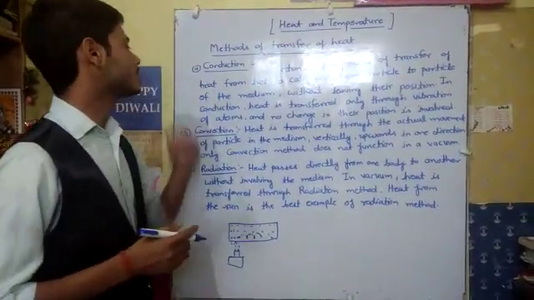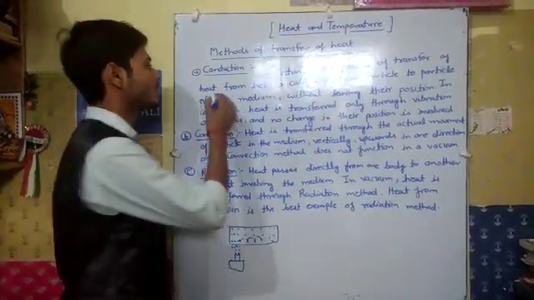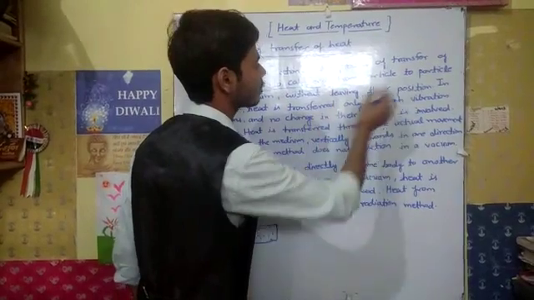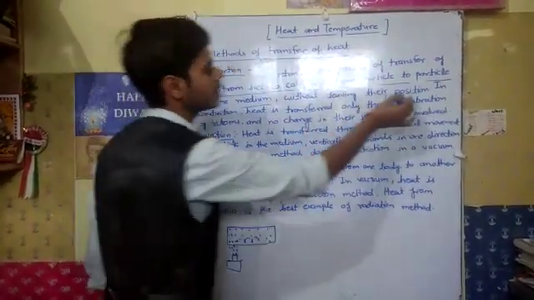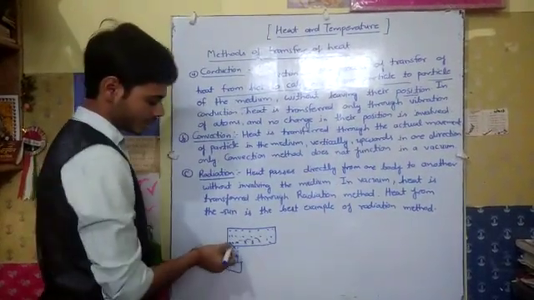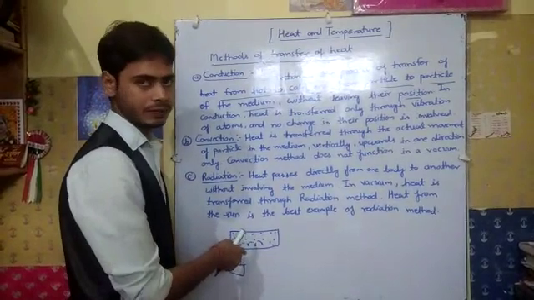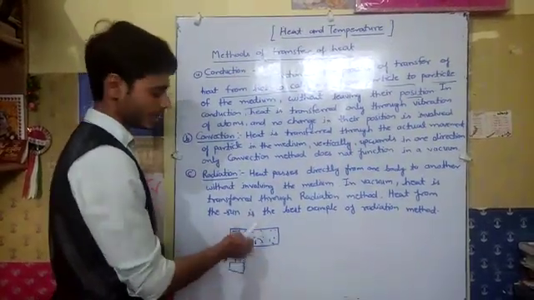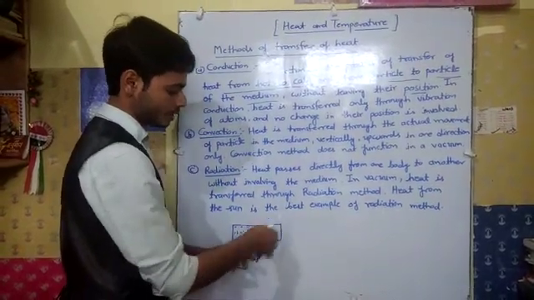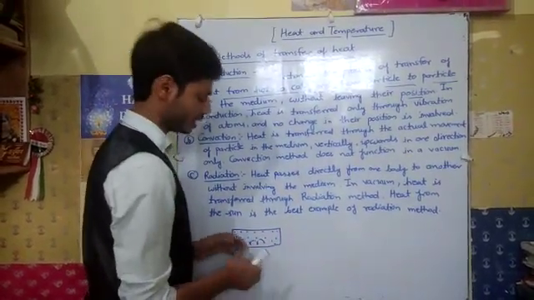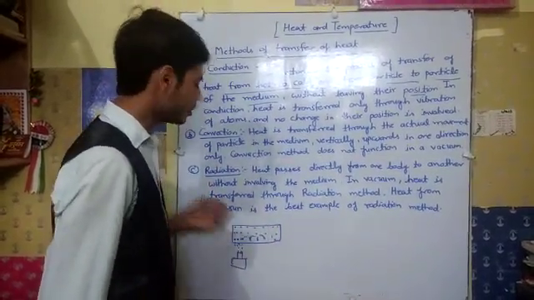So we write here the definition of conduction. What is conduction? Conduction is the process of transfer of heat from hot to cold, from particle to particle of the medium, without the particles leaving their position. That means the particles do not leave their position, but transfer their energy to their adjacent particles, and those particles transfer the energy to their adjacent particles, and thus the whole object becomes hot.